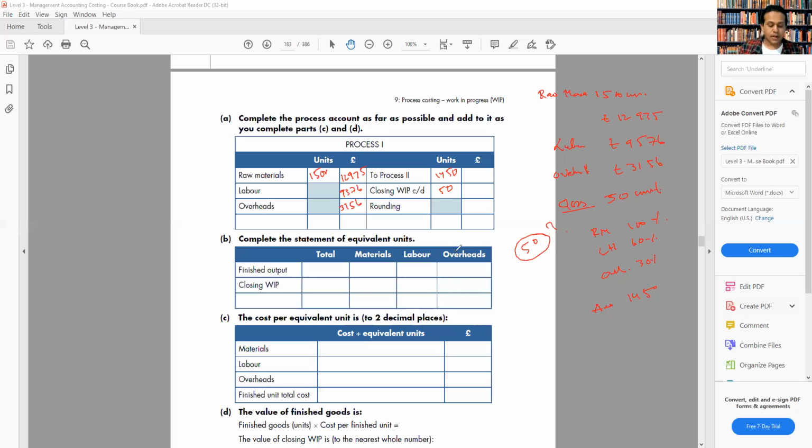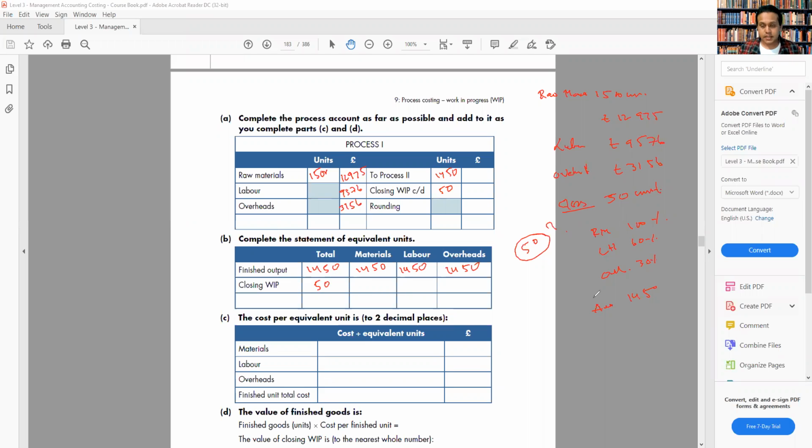Let's calculate our statement of the equivalent unit. Finished goods, so finished output 1450. For material, 1450 is fully complete. For labor, 1450 fully complete. Overhead, 1450 fully complete. Only the issue is with our closing work in progress, that is 50.